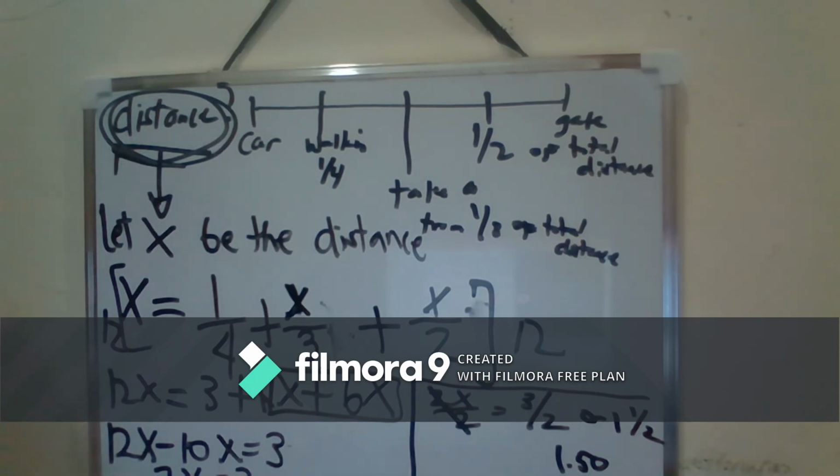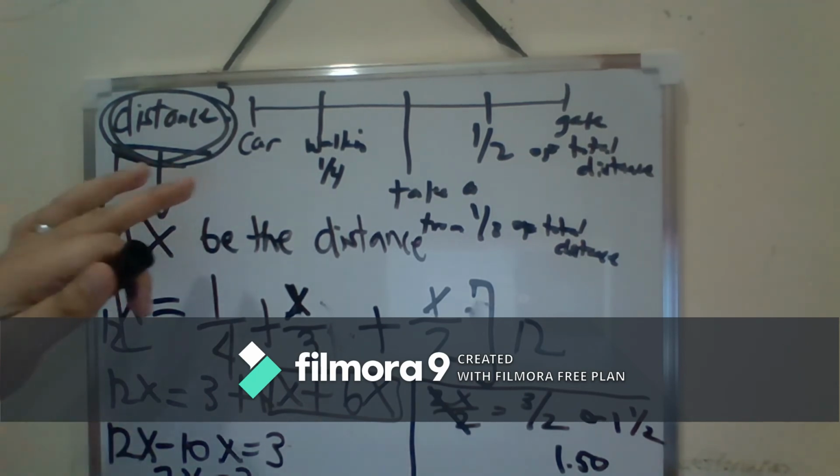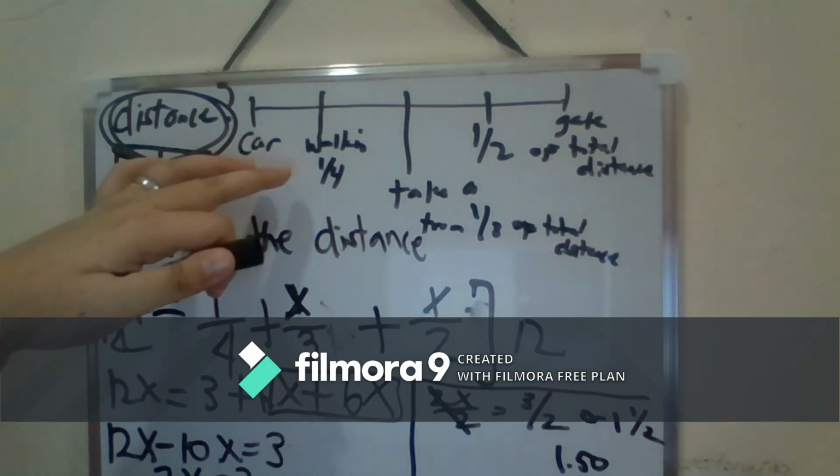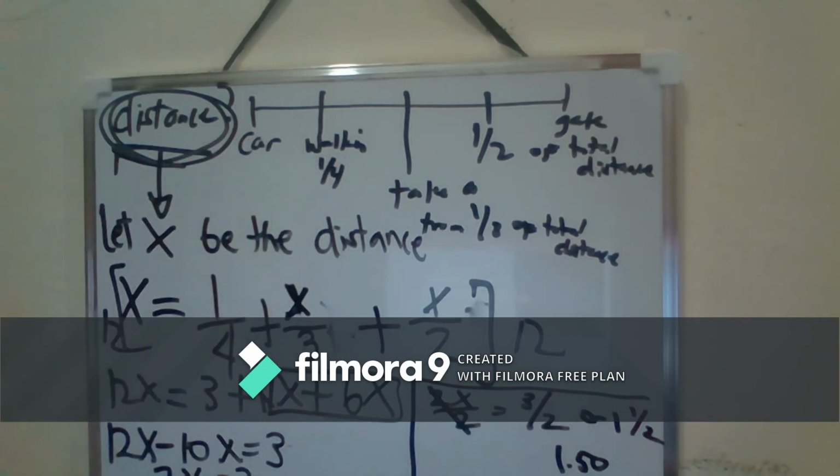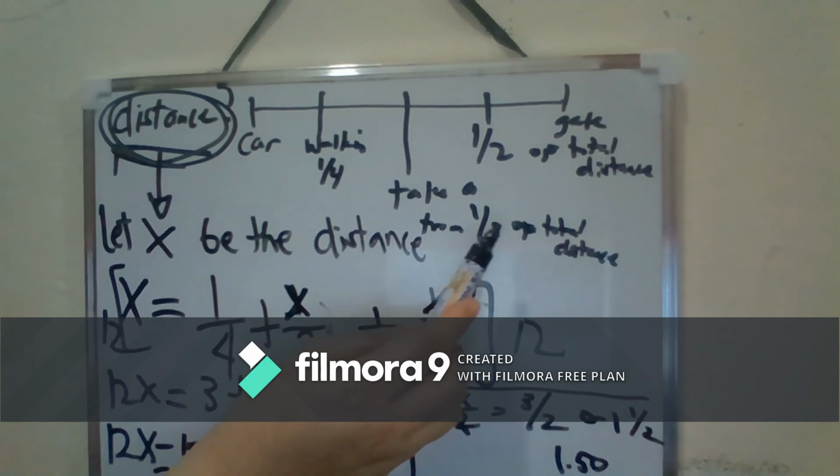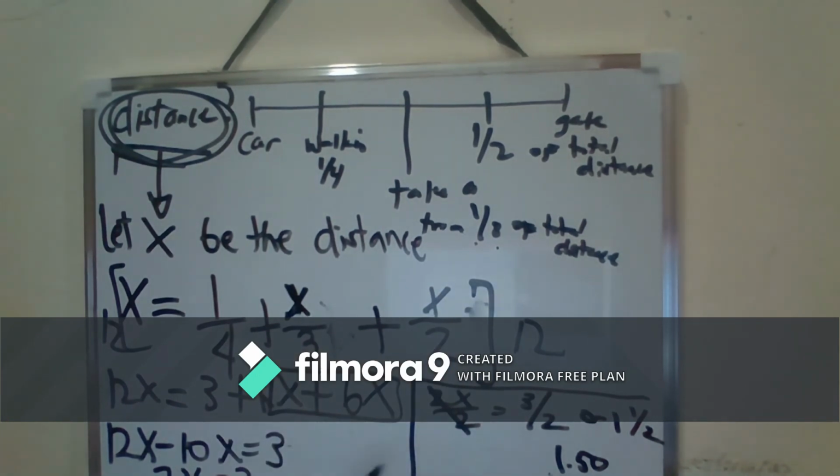So, in checking the solution, sabi dito, 1/3 muna. 1/3 of x. Ano bang 1/3 nitong 1.50? Dahil 1.5 yan. So, 0.5 yan. 0.5 yung 1/3.